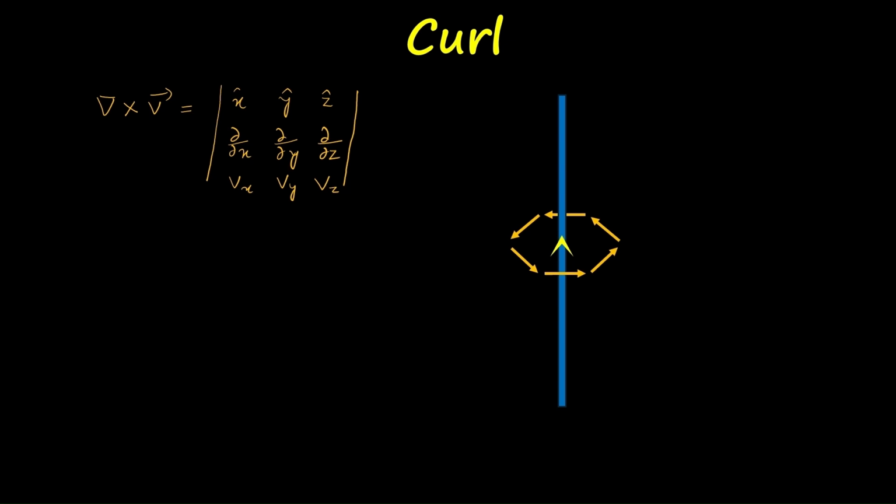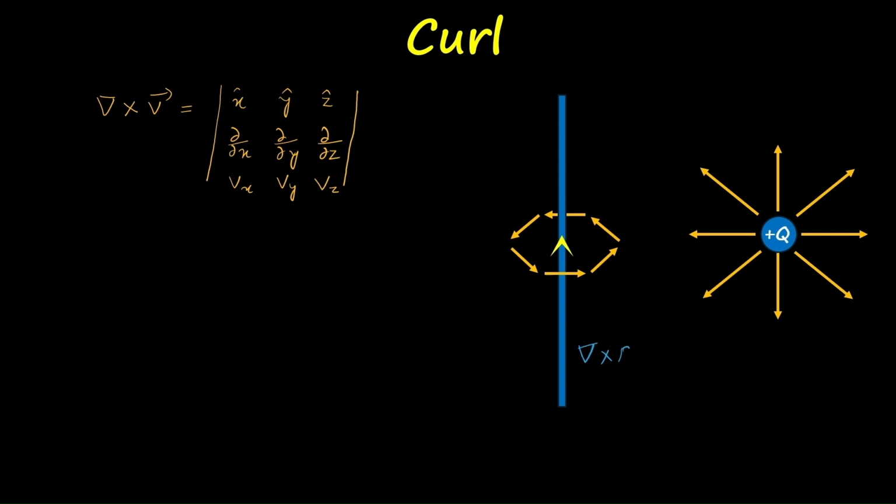In another example, let us take a positive point charge, and we have drawn the electric field lines. Now, if we want to find out the curl of this magnetic field and the curl of the electric field, without doing the mathematics, we can get some idea of what the curl of these vectors will look like.